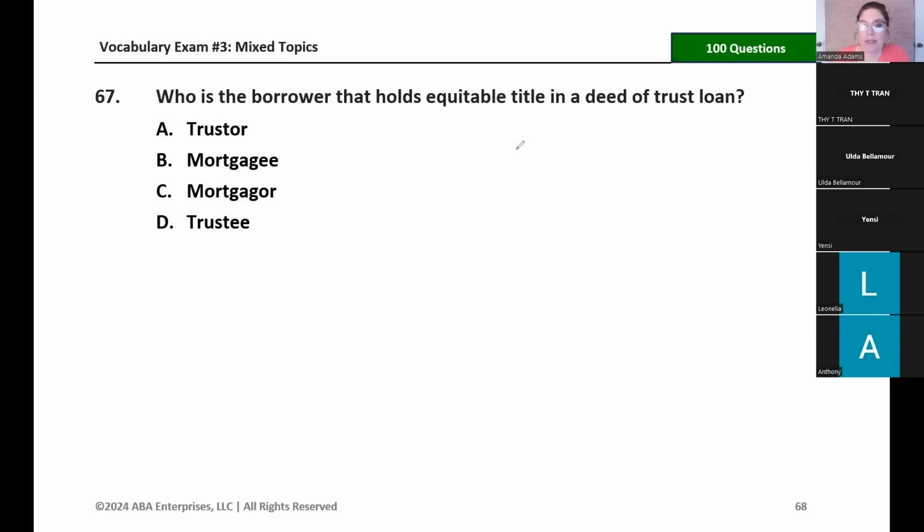Okay, so let's talk about these 3 parties here. All right, so let's say this is the person who borrowed the money. All right, here's our borrower. And so this is our borrower.